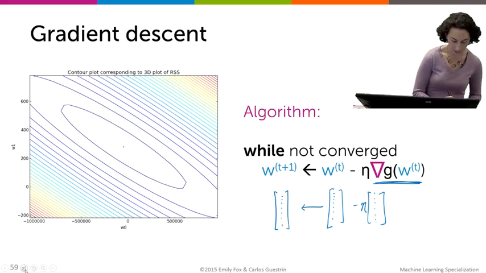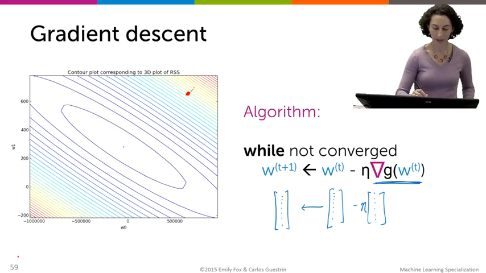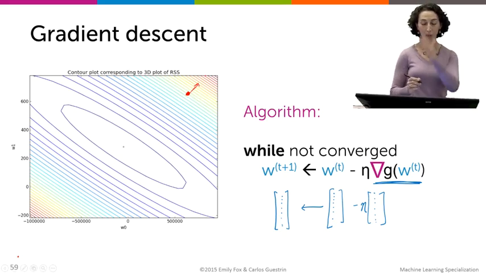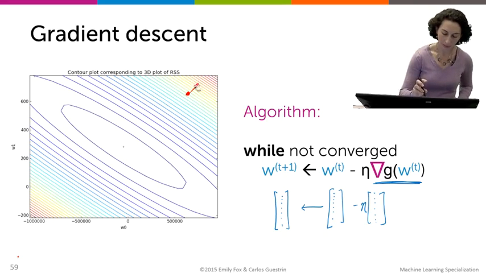But if I want to show this a little bit in pictures, again switching back to red because it'll be easier to see on this plot. Well, if I'm out here at a point, the gradient is pointing in the direction of steepest ascent, so that's uphill. It's pointing this way, but we're moving in the negative gradient direction.